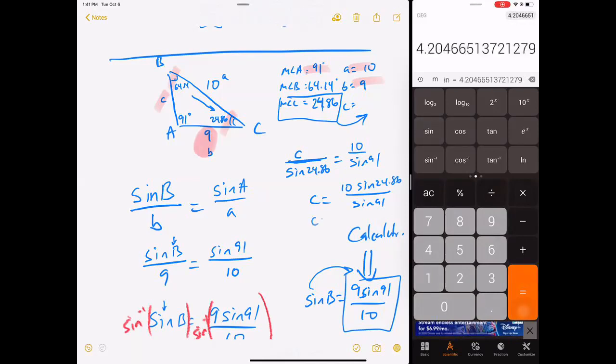I'm getting C is equal to 4.20. 4.20. Then we double check just because I have time. 10 times sine of 24.86 divided by sine of 91. Yeah, okay.